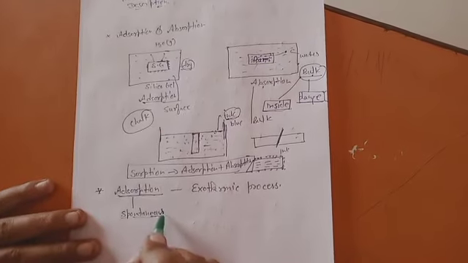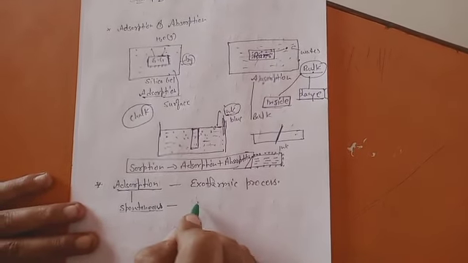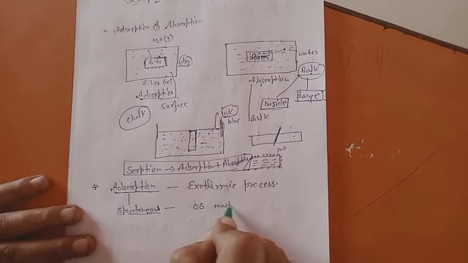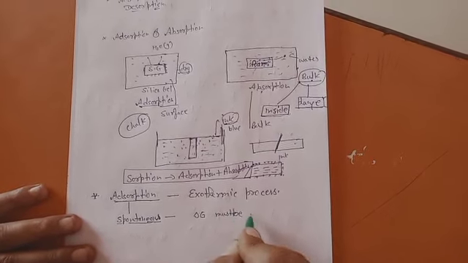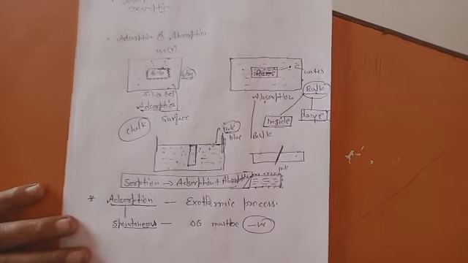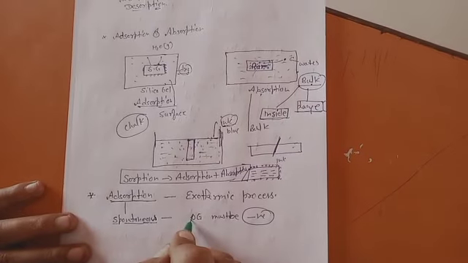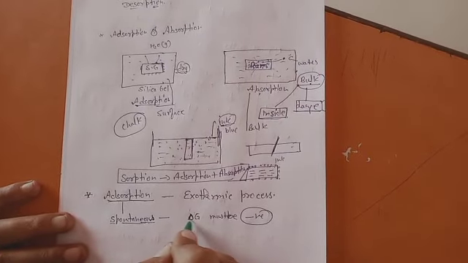And you have already studied that if a process is spontaneous, then delta G must be negative. Meaning to say, for this whole process, delta G is negative.